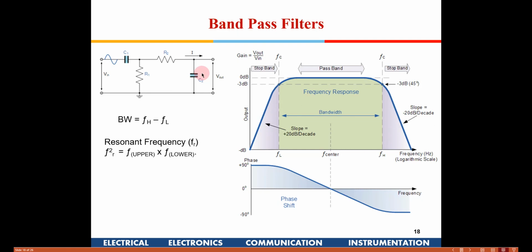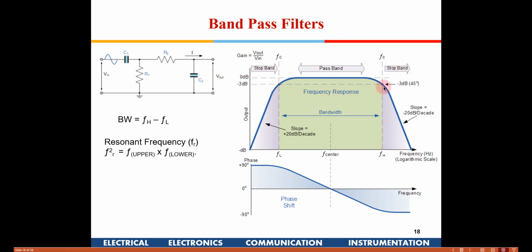One set of RC is going to attenuate the high frequency signals, and the other RC is going to attenuate the low frequency signals. So you will get a response like this. This is known as the pass band, and this is known as the stop band.